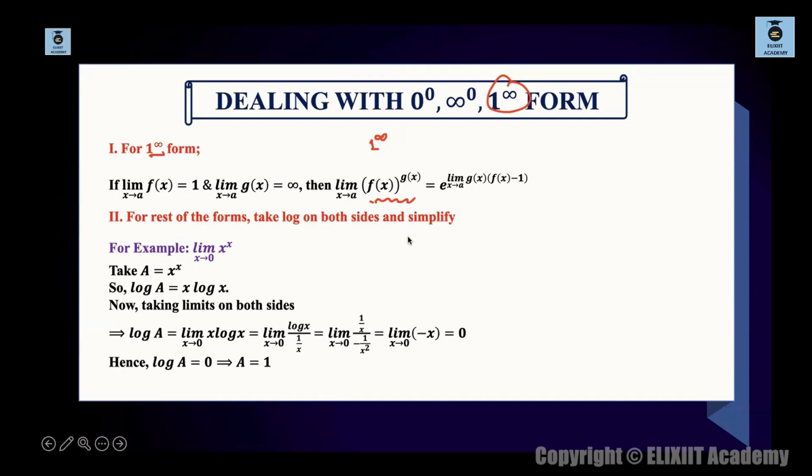So for a limit tending to a, if you see the form 1 raised to the power of infinity, you can directly use this formula: e raised to the power of limit x tending to a, g(x) comes down, and you write f(x) minus 1. That is, e raised to the power of limit x tending to a, g(x) into f(x) minus 1. This is a very standard formula.